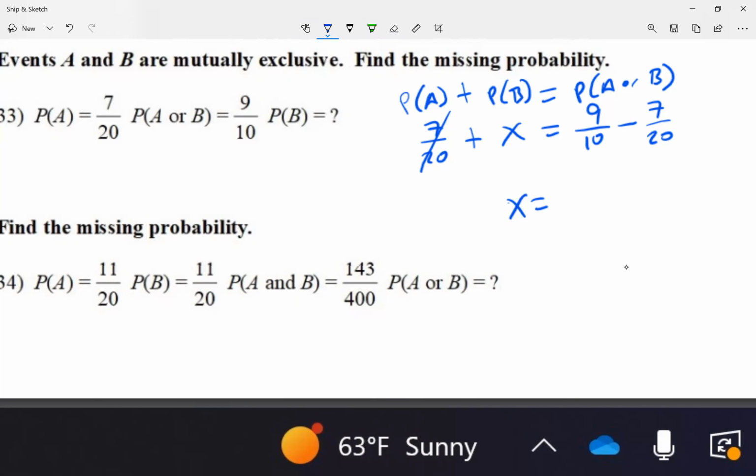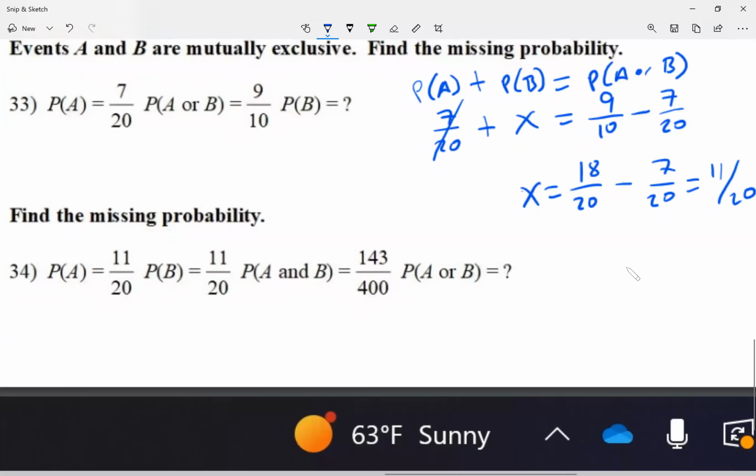Now my 9/10, let me call that 18/20, minus 7/20. I need common denominators. So this simplifies to 11/20. Okay, that's easy.